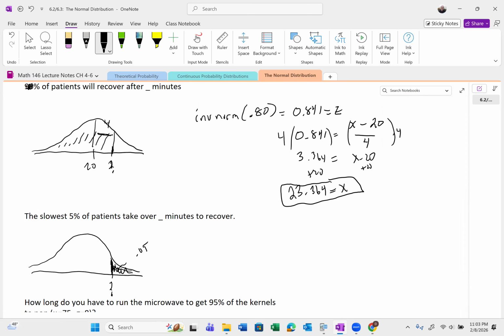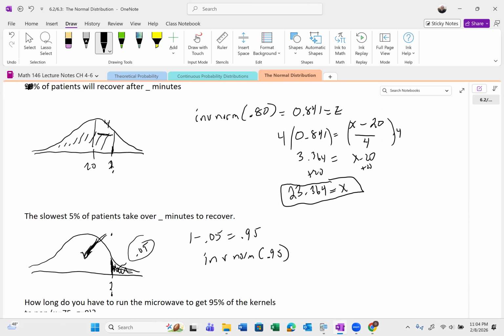If you don't have the calculator that has the left, right, center option, you always have to feed it the percentage that's on the left of the point that you're looking at. So if I'm looking at the top 5%, the longest 5% up here, I need to do 1 minus 0.05. I want to put 0.95 into my inverse norm of 0.95 to get my z-score out.